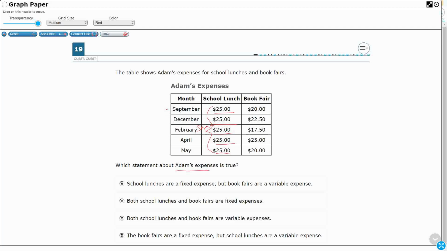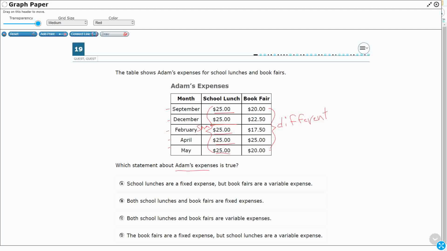Now, I'm not sure why we have five different book fairs, but you notice how these 20, 2250, 1750, 25, I got 20 repeating, but it's only repeating that one time. So these are all different. So that's just two things I've noticed about these types of expenses here.